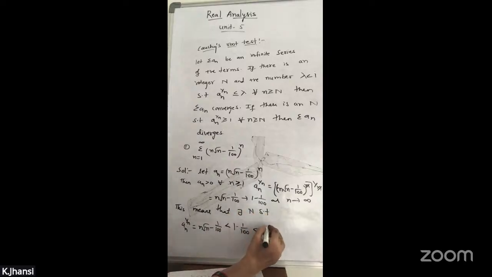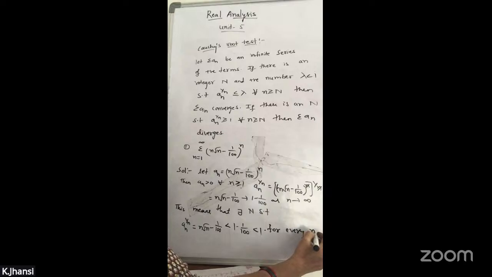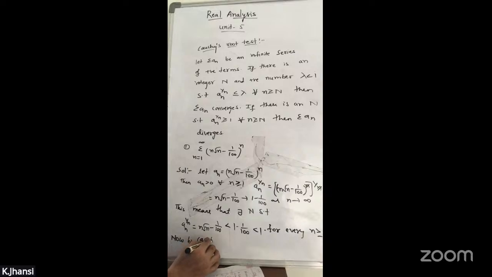So for every n greater than or equal to capital N, by Cauchy's root test, summation n equals 1 to infinity of an is convergent.